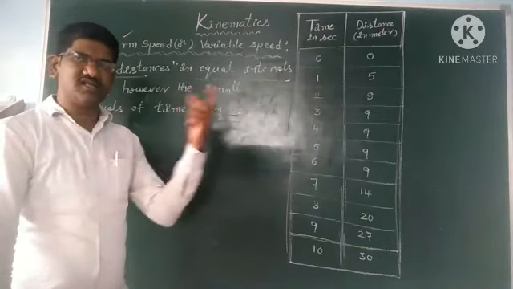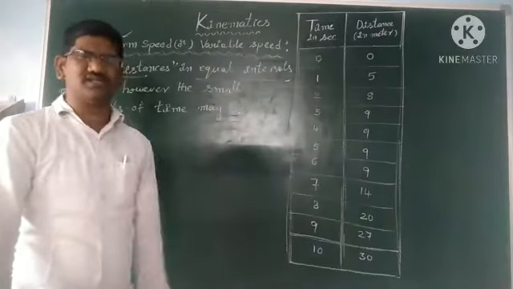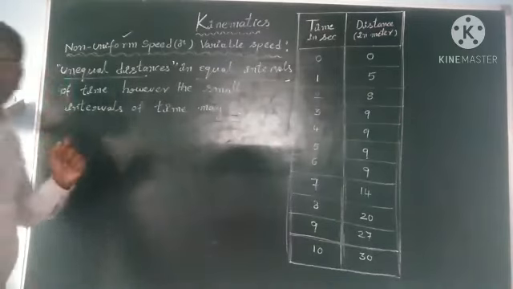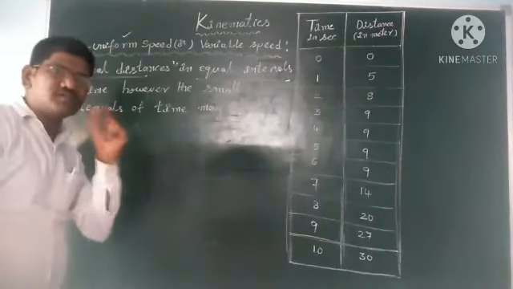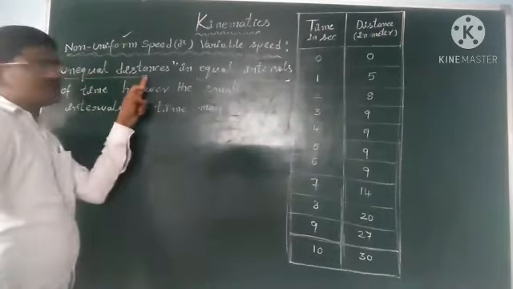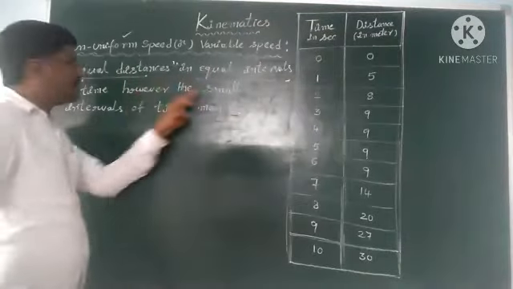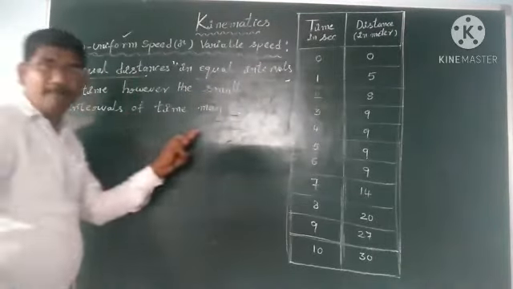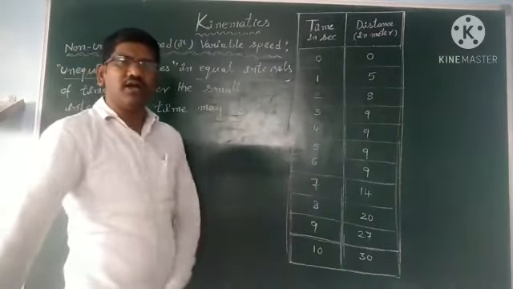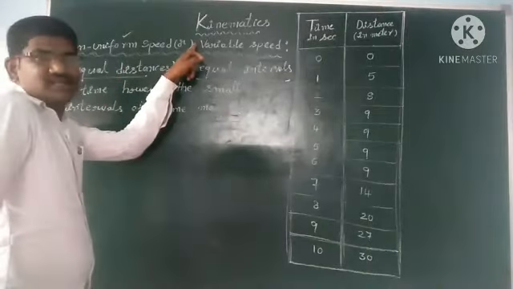Equal distances, unequal time, or equal time, unequal distances. However small the intervals of time may be, the object is said to be moving with non-uniform speed, or another name for that is, what is that?